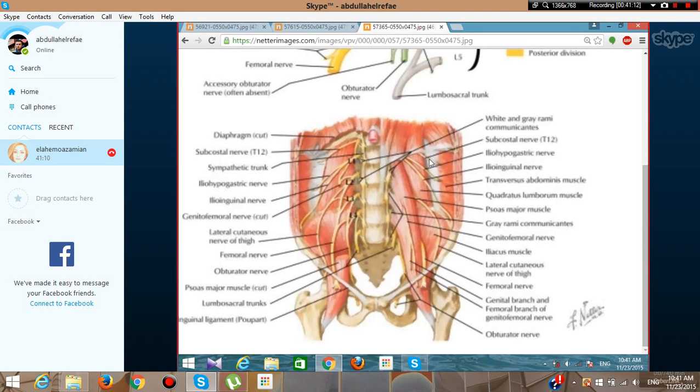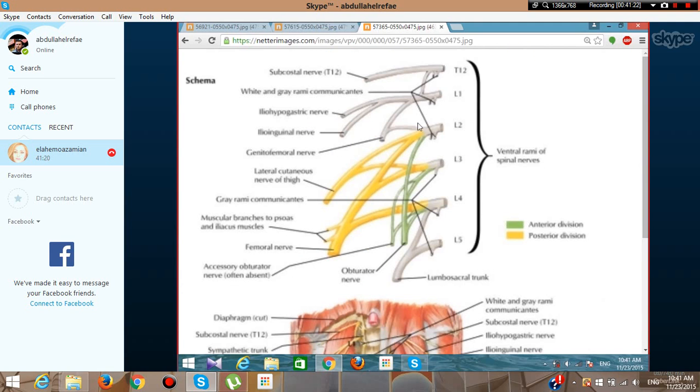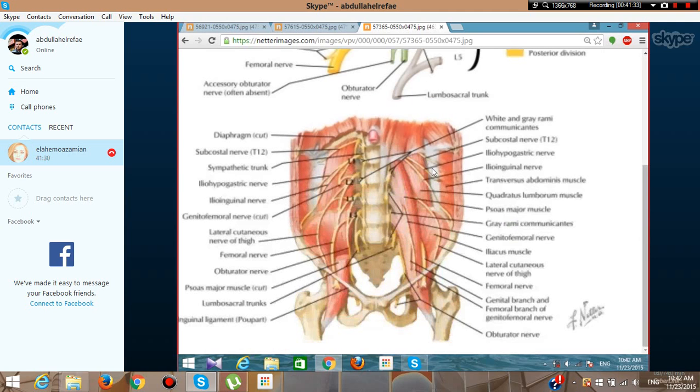Is it the splanchnic? No. Splanchnic, they go to the ganglions. So iliohypogastric and ilioinguinal come from L1, right? If you see a nerve above them, it means it's coming from T12, so it's subcostal. So these two are iliohypogastric, ilioinguinal.